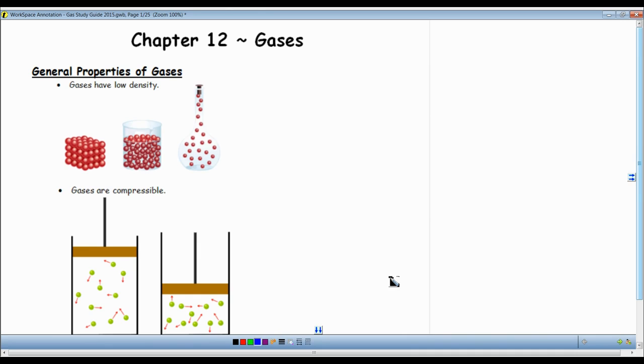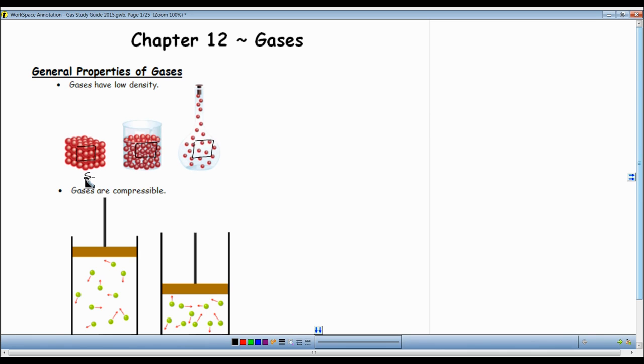If density is a measure of mass per volume, and if I compare a gas to maybe a liquid or a solid, there would be fewer particles in a given volume, meaning less mass in a given volume. So here's my area, and I try to section off about the same volume.